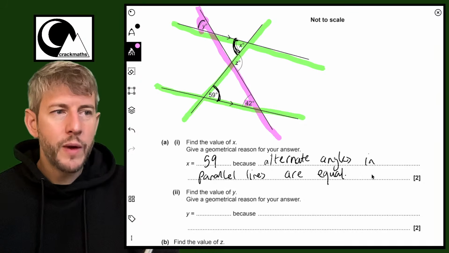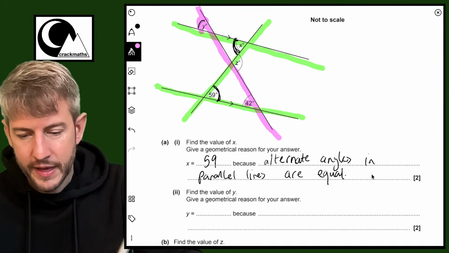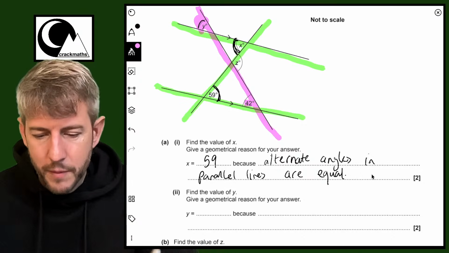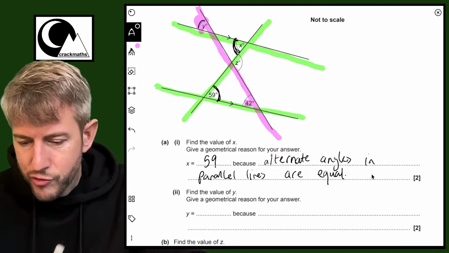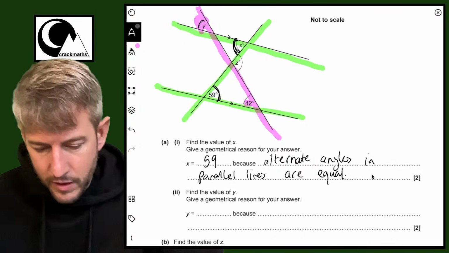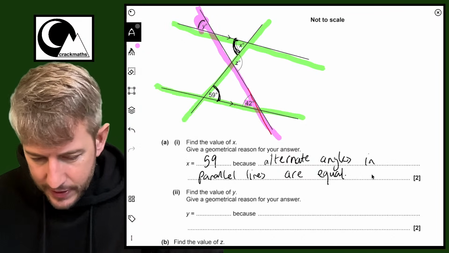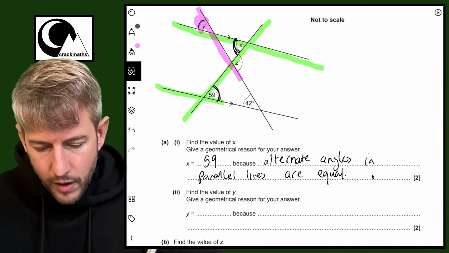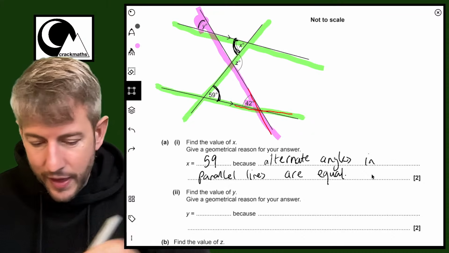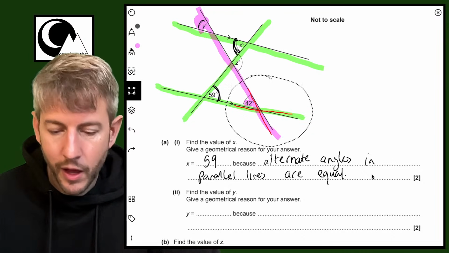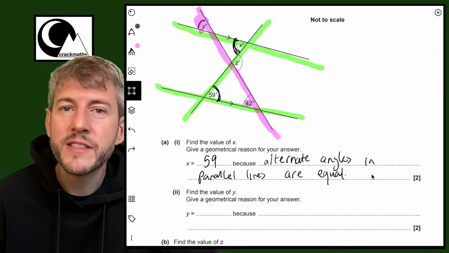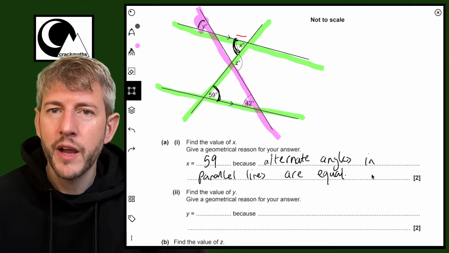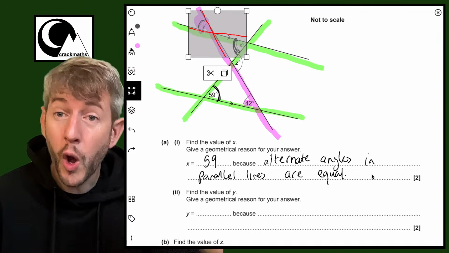So these two angles here are corresponding, okay? Because basically, if I draw this section out here and then move this up to here, what I can see is the situation at this line is identical to the situation at this line up here. And that is what a corresponding angle is.